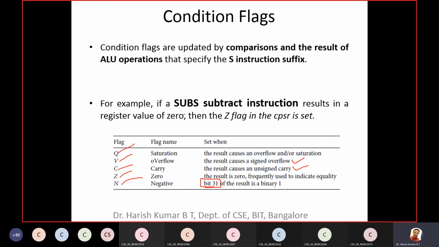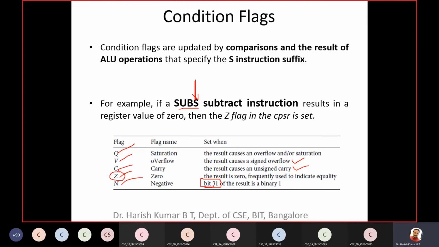I have an example here: SUBS. There is a suffix S. SUB is the subtract instruction, and if the suffix S is added, it is going to affect these flags. If the result of the subtract operation is 0, the zero flag is set.